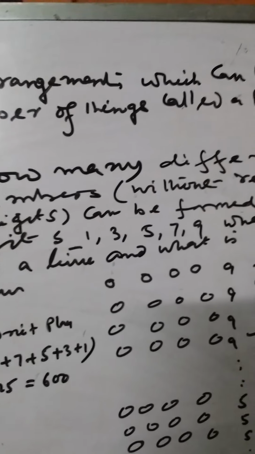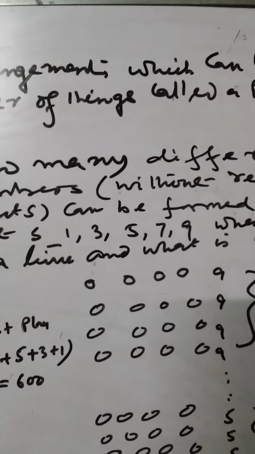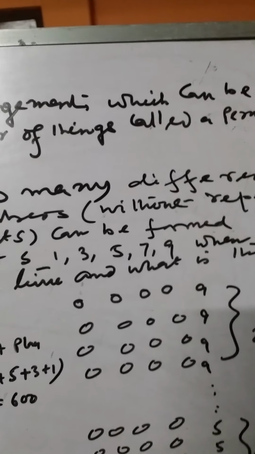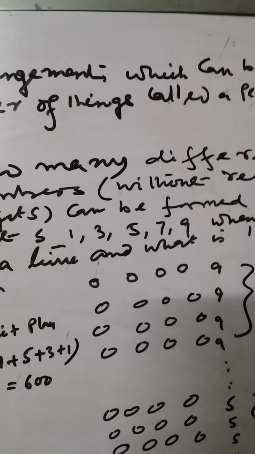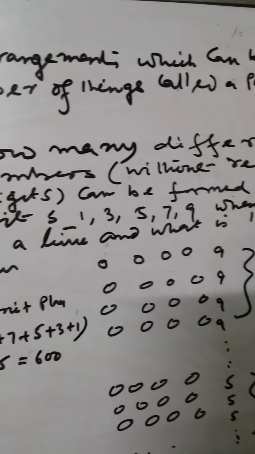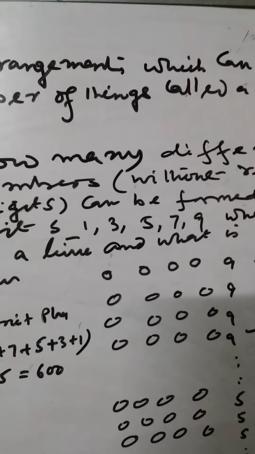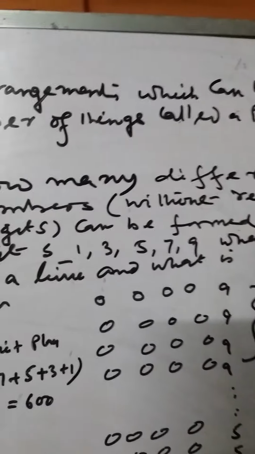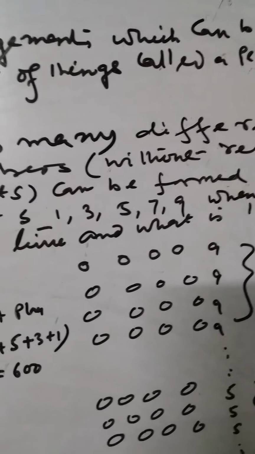What will be the permutation of these 5 numbers making 5-digit numbers, and what will be the sum of these 5-digit numbers?